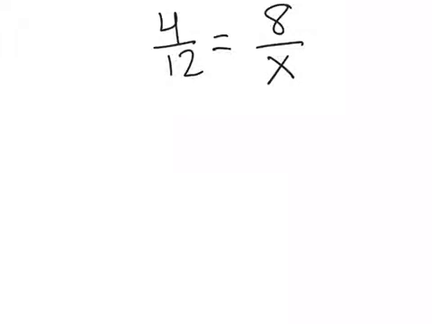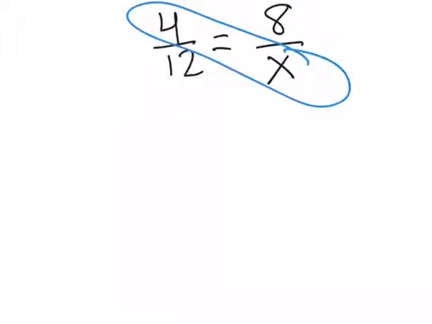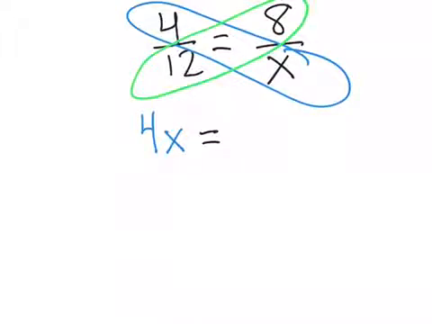So we're going to use the letter X. If I know that their cross products are going to be equal, the way I would solve this is I would multiply 4 times X. In algebra, when you multiply two numbers together and one's a variable, you just push them right up next to each other. There's no symbol needed. So 4 times X looks like 4X. 4 times X should be equal to 12 times 8.